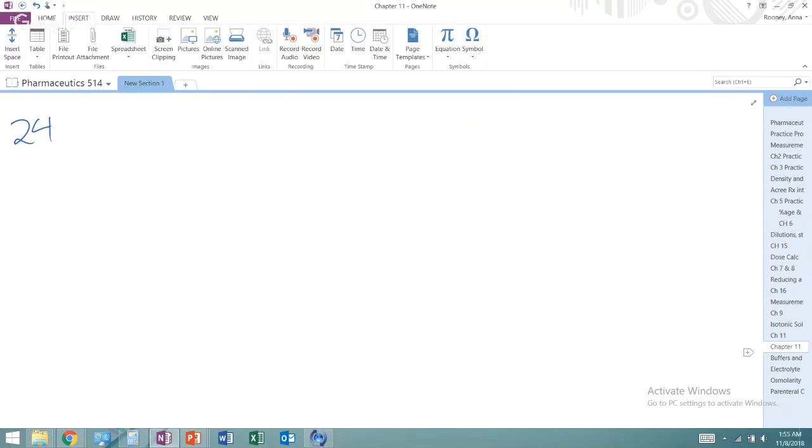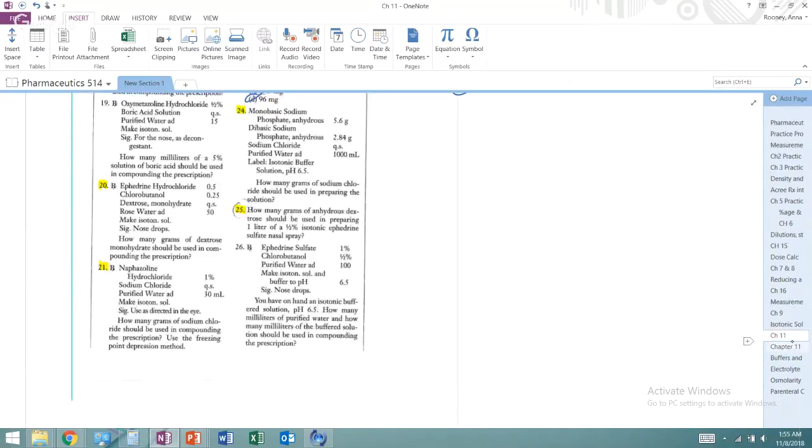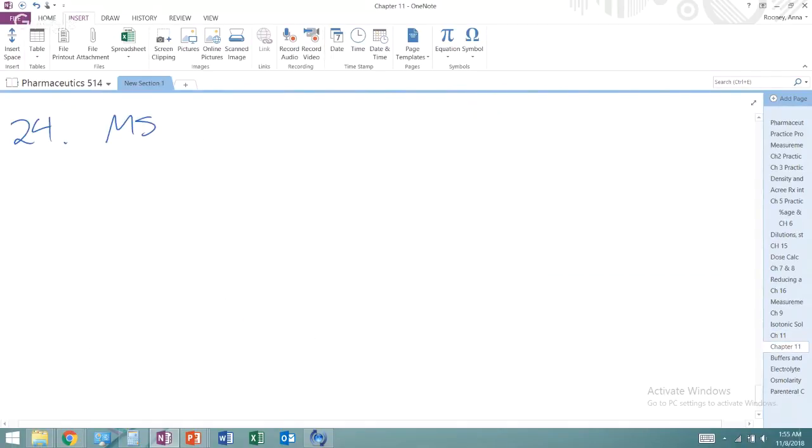So the monobasic sodium phosphate, and then there's the dibasic sodium phosphate. So this one has 5.6 grams. This one has 2.84 grams.